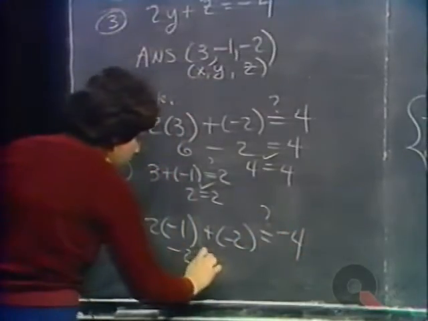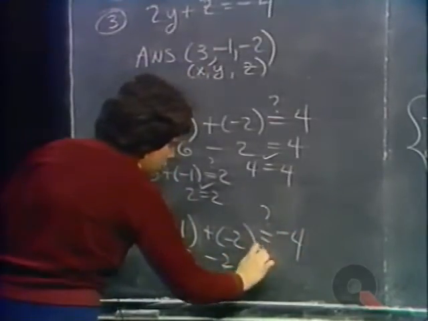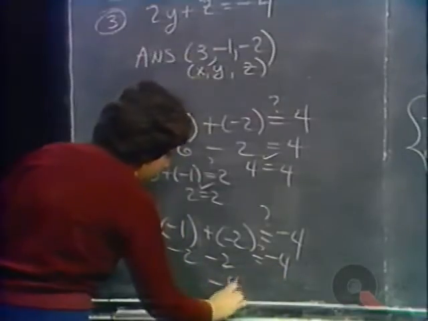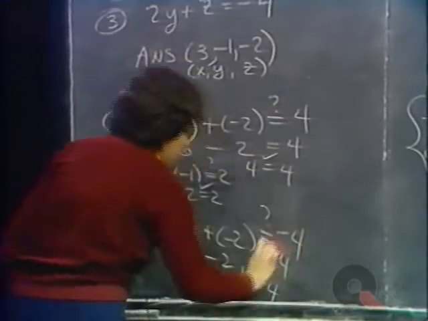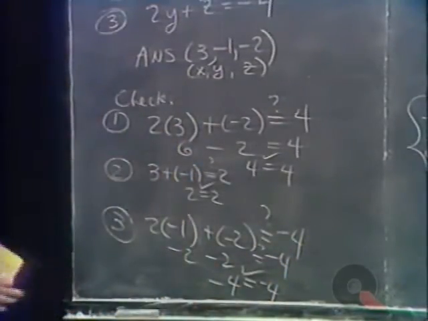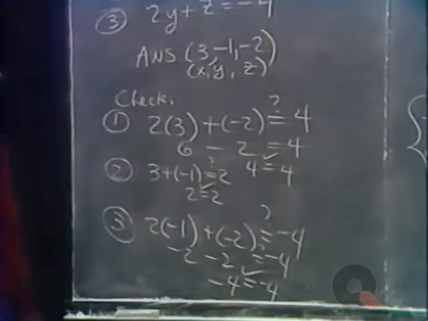And we get minus 2 plus minus 2, which is minus 4, and, of course, it is. The answers check out. We have found the solution of the system of equations, and that brings us to the end of this tape.